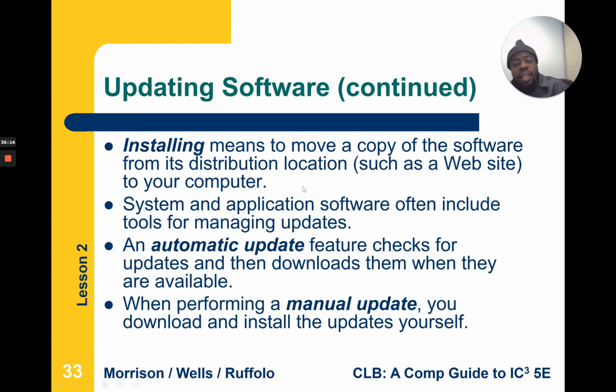So installing means what? Moving a copy of the software from its distribution location to your computer. A software might reside in California, for instance. Maybe you are trying to install Python programming language or R. It is physically in a remote place.